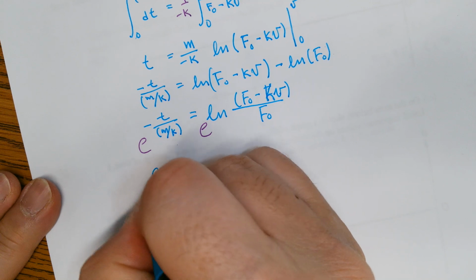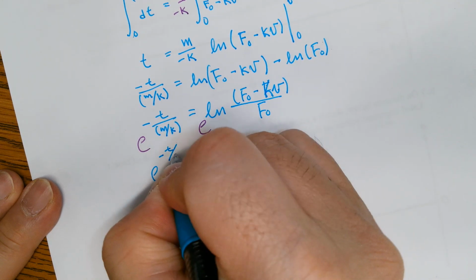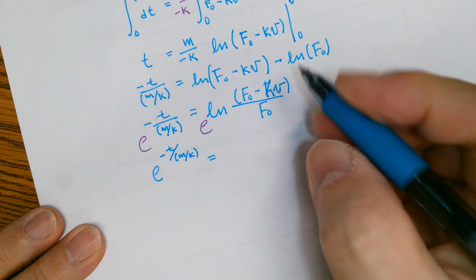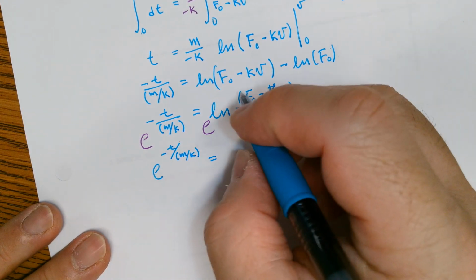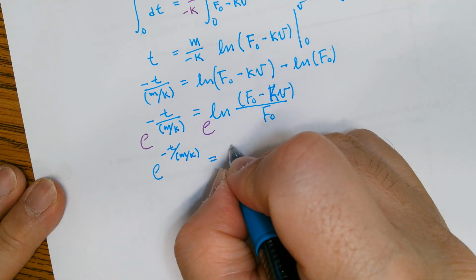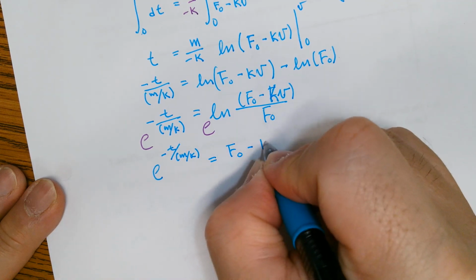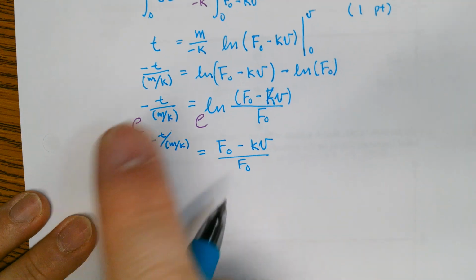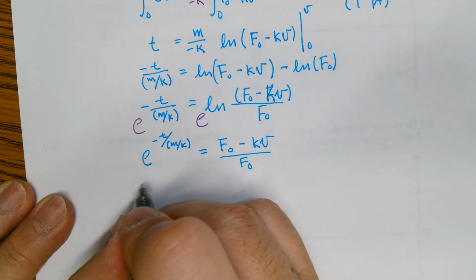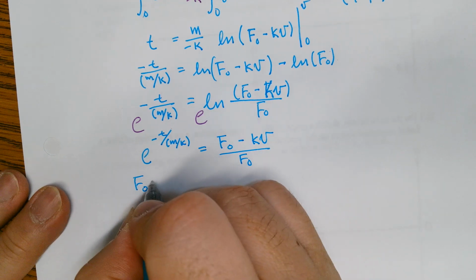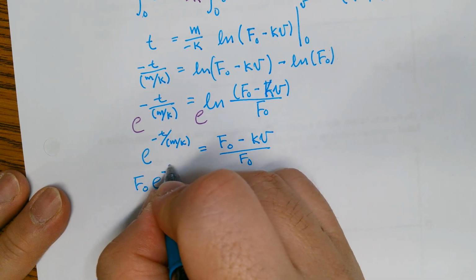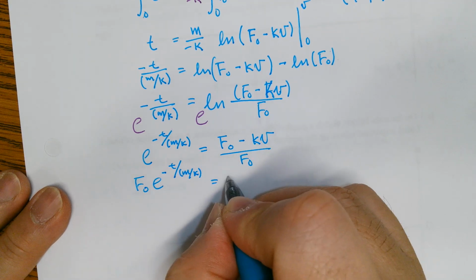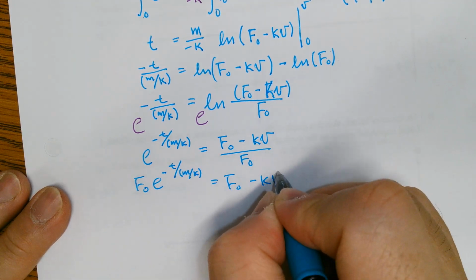So here we have e to the negative t over m over k is equal to, the natural log goes away, F naught minus kV over F naught. Multiply both sides, right? So you get F naught e to the negative t over m over k is equal to F naught minus kV.